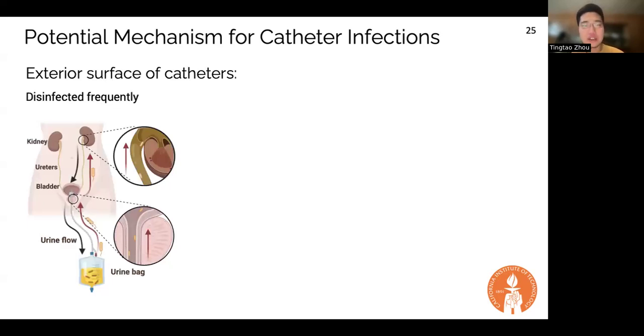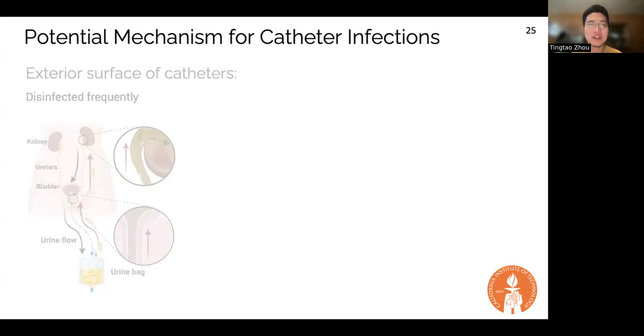However, that's very unlikely because, as we just mentioned, our nurses are trying to do their best and they disinfect these catheters very frequently. And the outside of the catheter is usually kept dry, so it's very difficult for bacteria to go into your body that way, according to many doctors that we consulted, right?